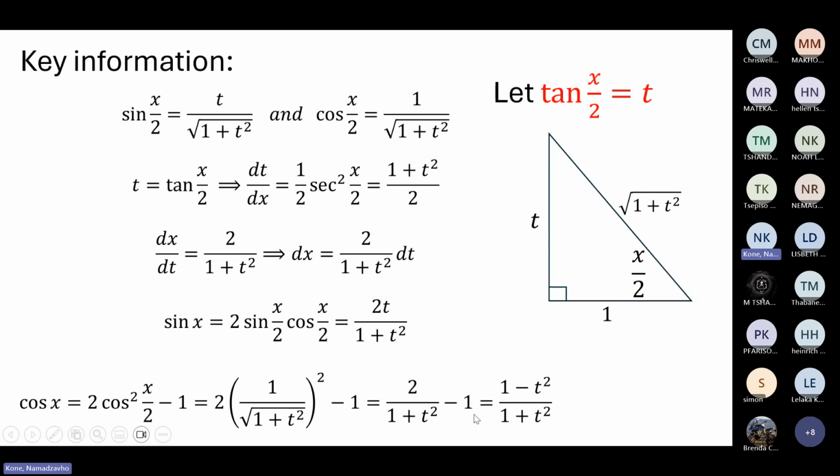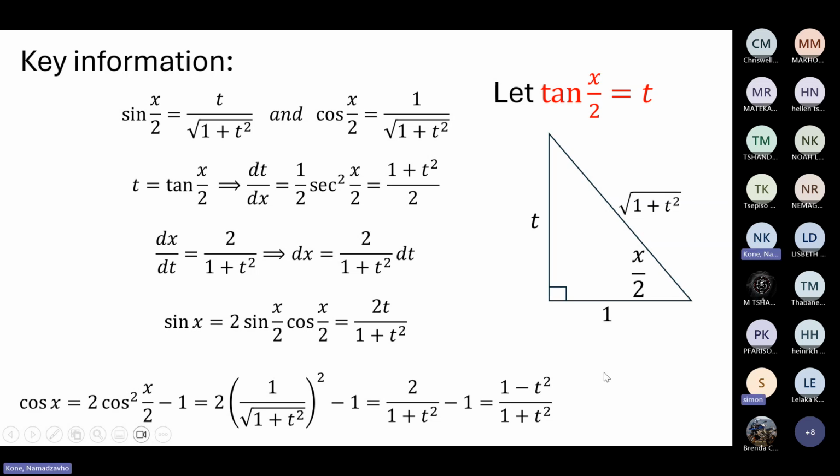Now when you add fractions here, you take the LCM, which is this one, put it down here, and say this into the LCM goes 1. 1 times 2 is 2, which you put there on top. And then here you have 1 into 1 plus t squared, which is 1 plus t squared, times minus 1, which becomes minus 1 minus t squared. Remember, there was a 2 already there, which is 2 now minus 1 minus t squared, giving you 1 minus t squared there, so that our cos of x will now be replaced by 1 minus t squared all over 1 plus t squared.